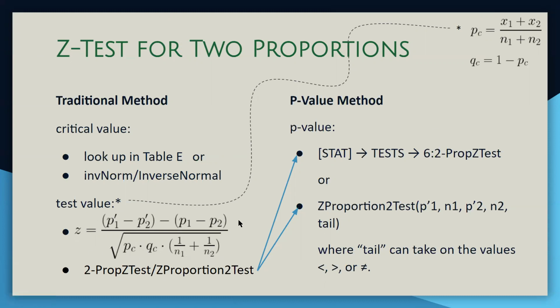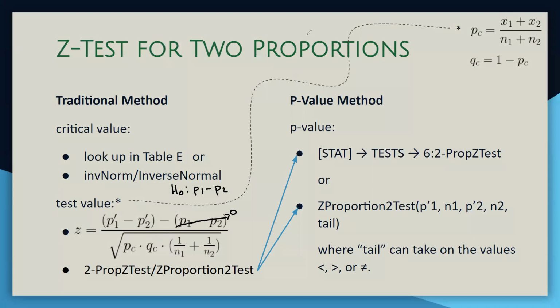We know that we are by default assuming that those population parameters are equal. That's our null statement. And so this second part of the numerator is going to be 0.